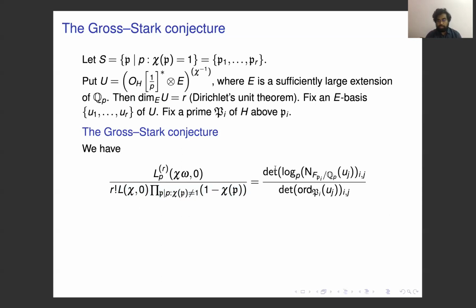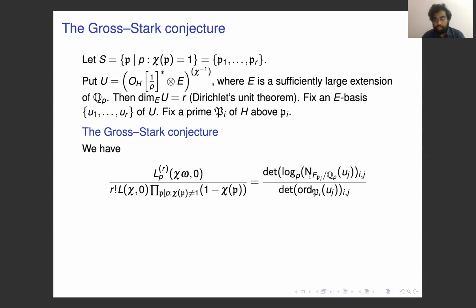This is equal to the Gross regulator, this determinant. I take the norm from F_P to Q_p. Recall that this u_j lies in H, which means I can complete H at capital P_i, so it lies in H_P, which is the same as F_P.